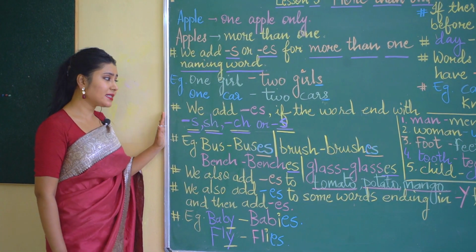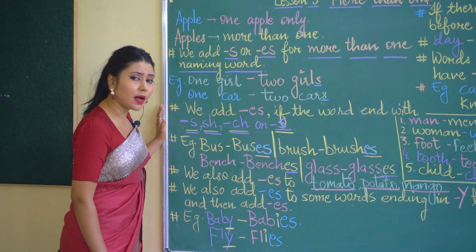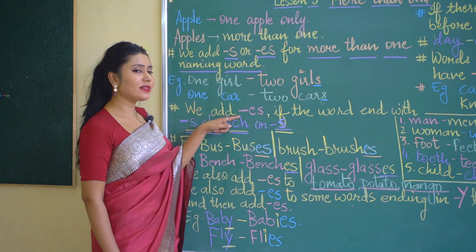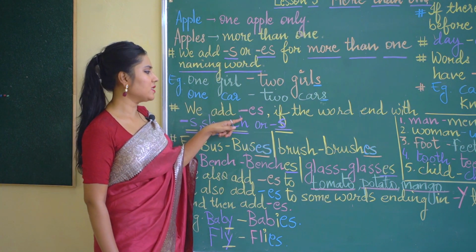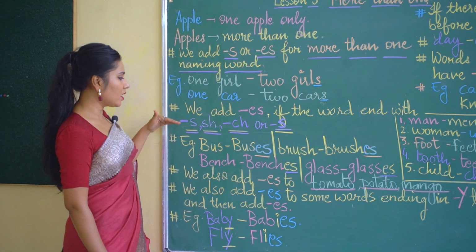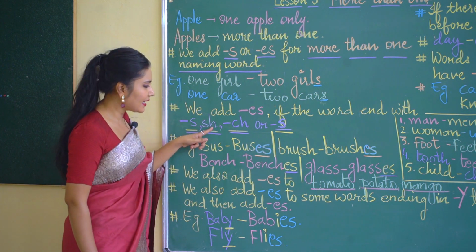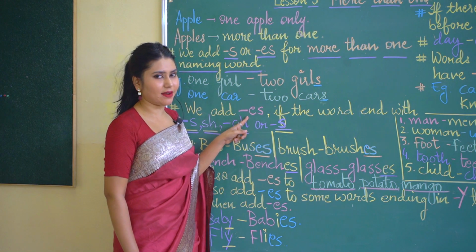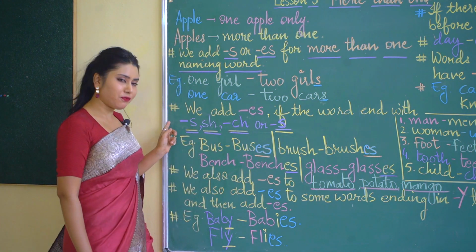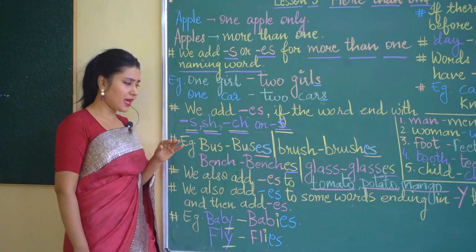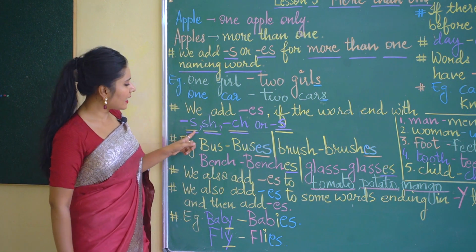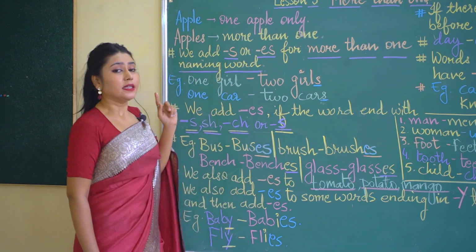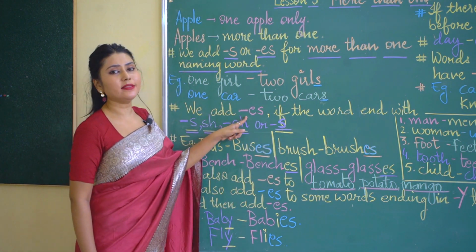So whichever naming word you come across, if you find that naming word ending with S, SH, CH or X, you will have to apply ES there. I repeat once again, if any naming word that you take ends with S, SH, CH or X, the word will end with ES.